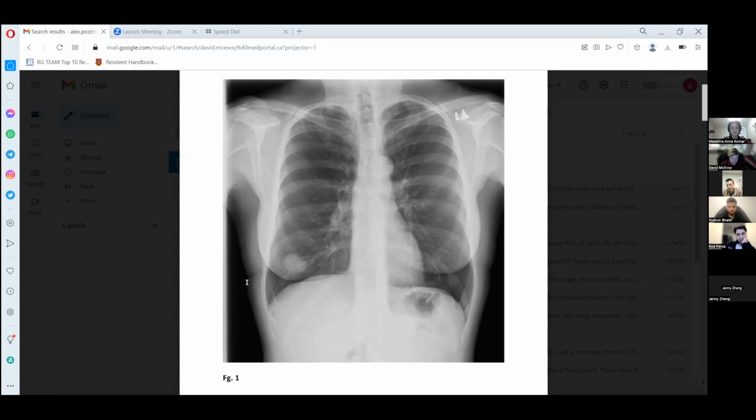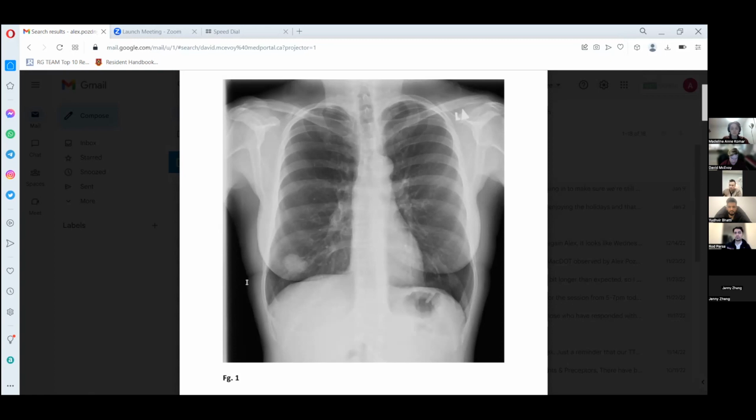And what about the shade of it? Is it bright or dark? Do you know how you call the brighter lesions on chest radiograph? Opacity. Yeah, that's a good way to call it. You can definitely call it opacity. There are different ways to call it for sure. Opacity is a very valid term that you could use.